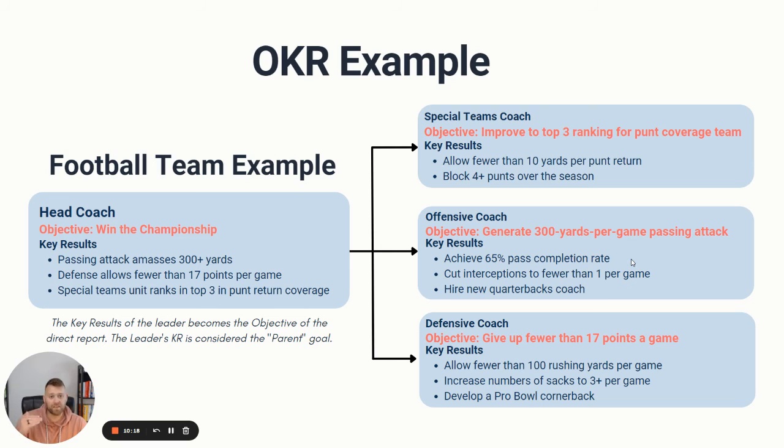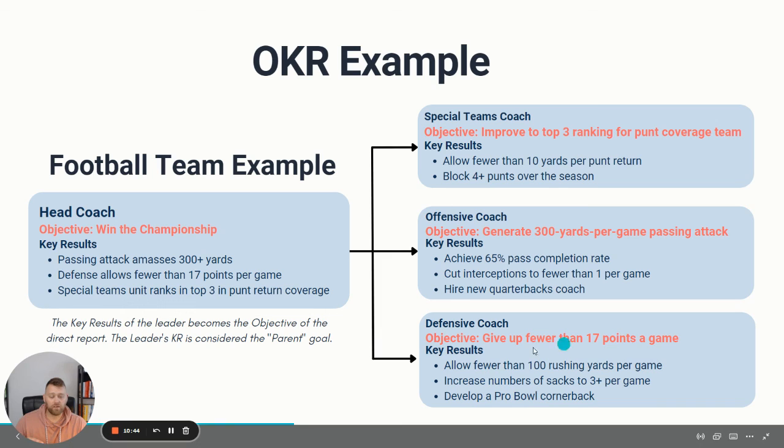And then underneath that, it might be, we want to have less penalties. We want to have 5-second blocks. You can take that and continue all the way down, where now whenever this individual contributor achieves their OKRs, it rolls up until we get to the offensive coach, the special teams coach, and then the defensive coach.